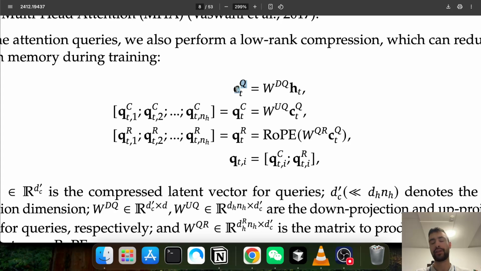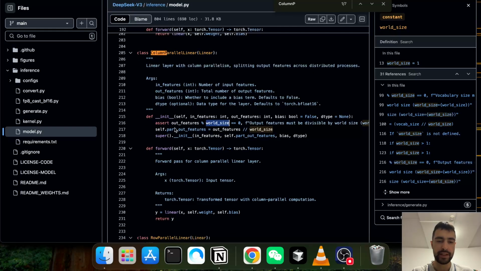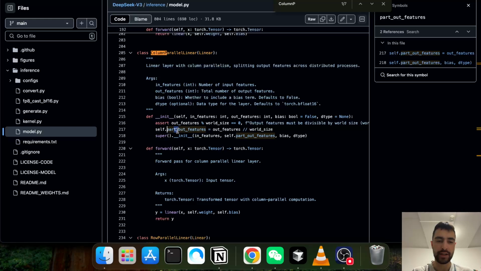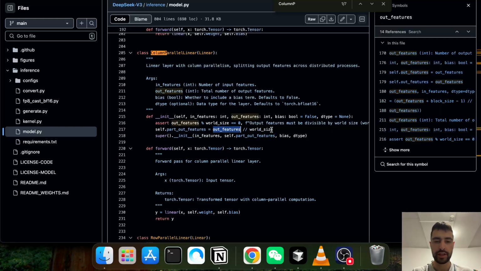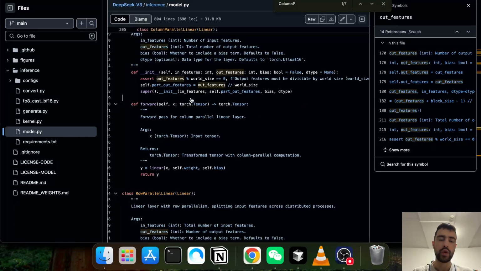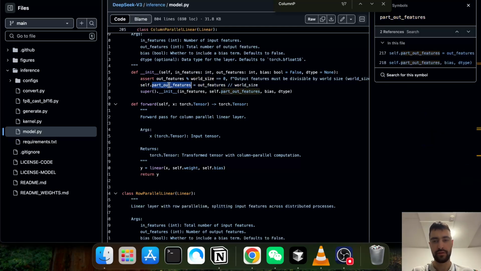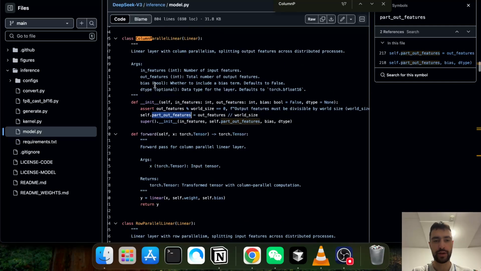So each GPU will calculate the first part, then the second GPU the second part, etc. So it must be divisible here, and self part out features will be out features divided by world size, which will show the length of the number of features. So if we have 5 GPUs and 1000 features, then this is 200 features that this GPU needs to create.